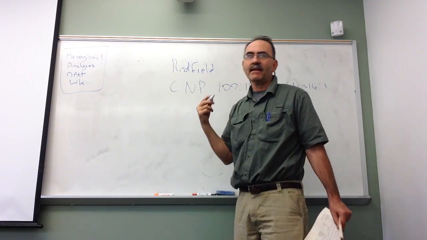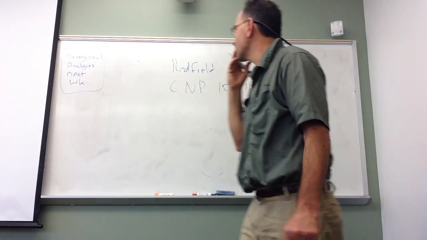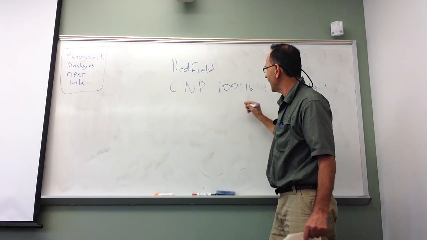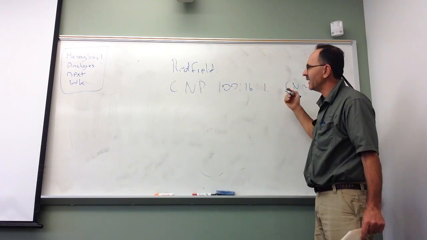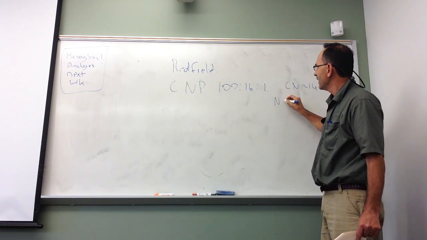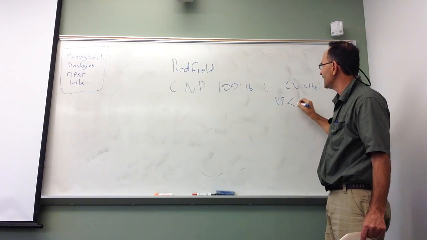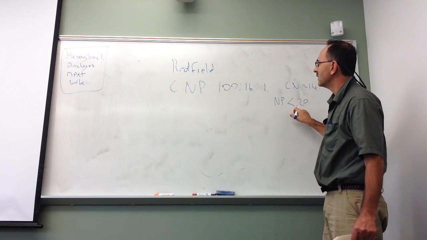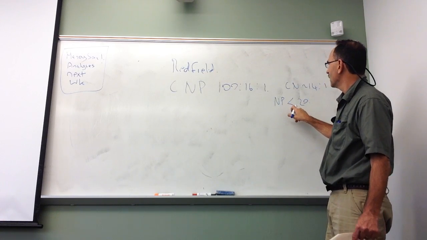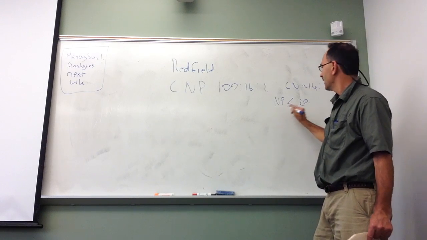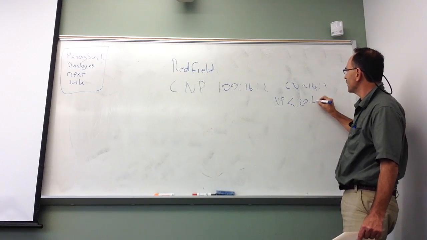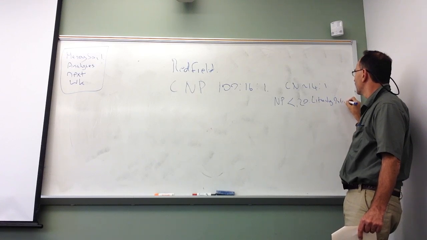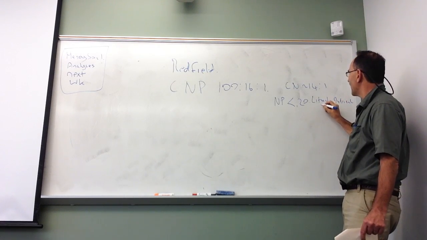And basically, what he found in aquatic systems was that, simplifying, if the N to P ratio was less than about 20, then the system would basically be nitrogen, the limiting nutrient, would be nitrogen.